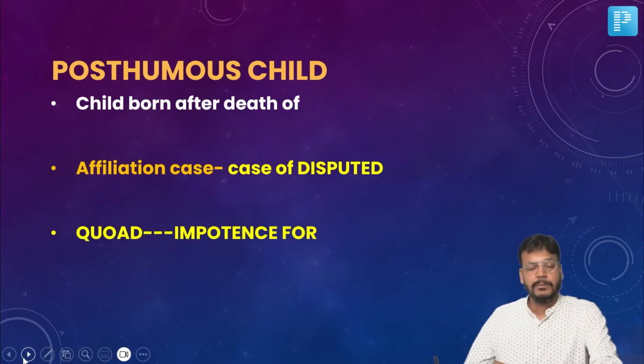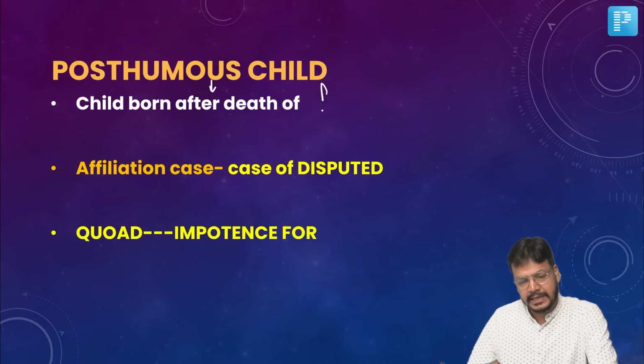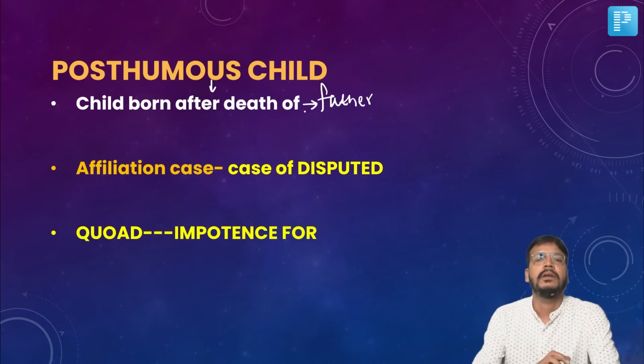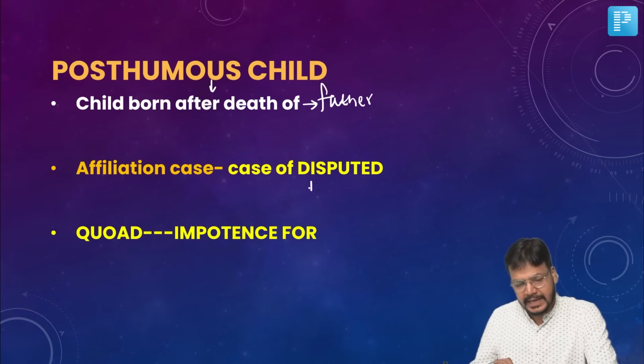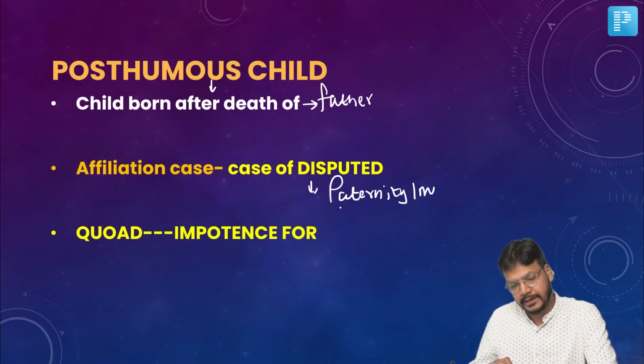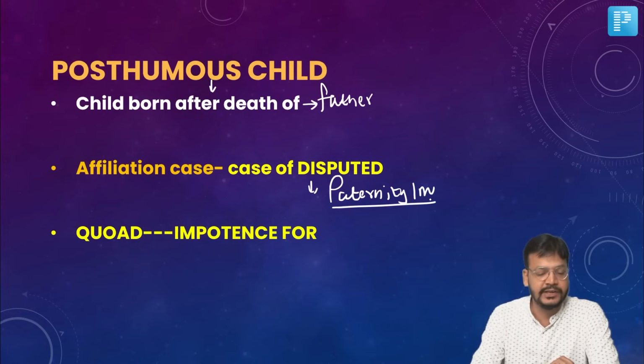Now, sir, posthumous child is any child born after death of father. In any case of disputed paternity, अगर आपको लगता है कि paternity or maternity disputed है, this is an affiliation case.